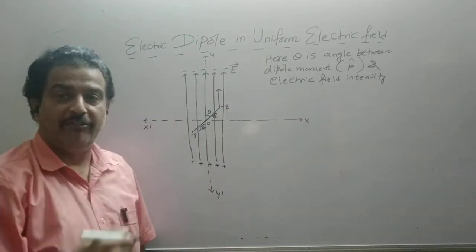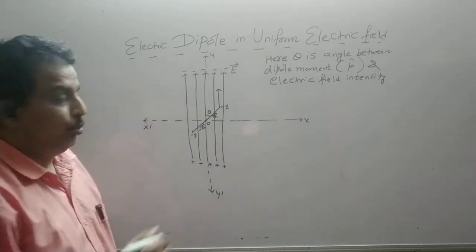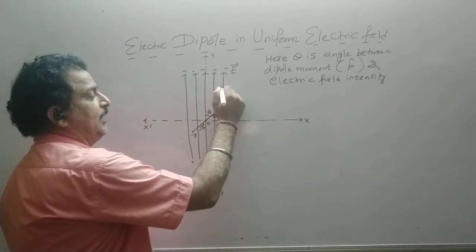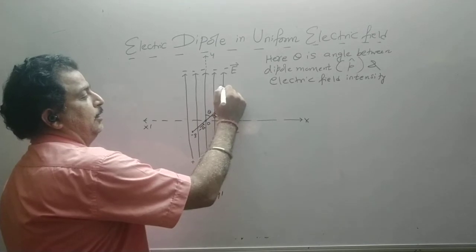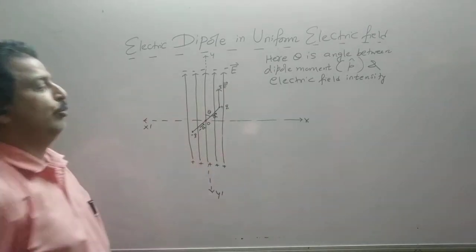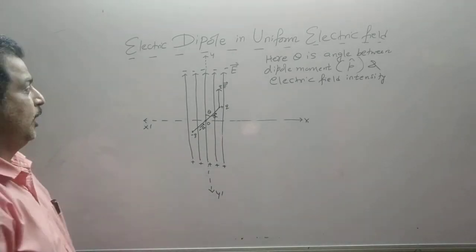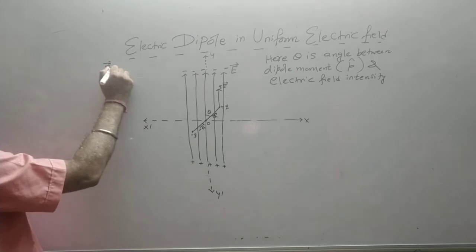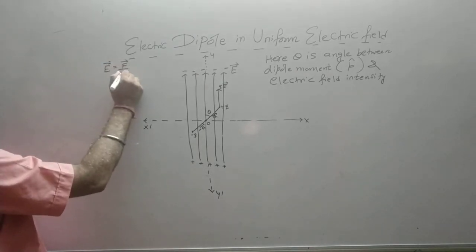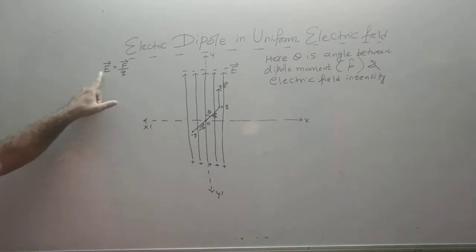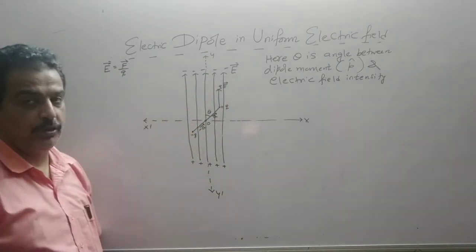E is equal to F by Q. So the electric field intensity E multiplied by Q will give you the force. By the definition, E vector is equal to F vector upon Q. So F vector can be written as Q E vector, that is the upward force.